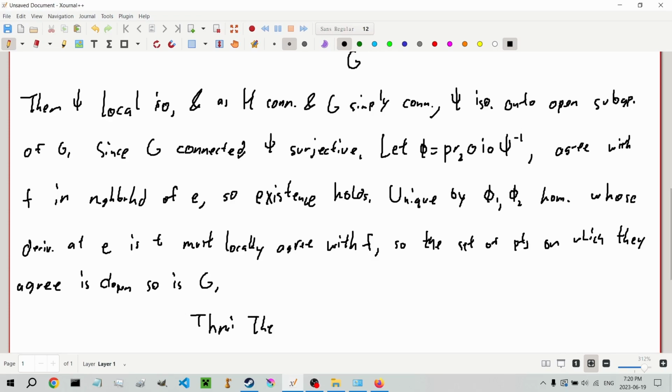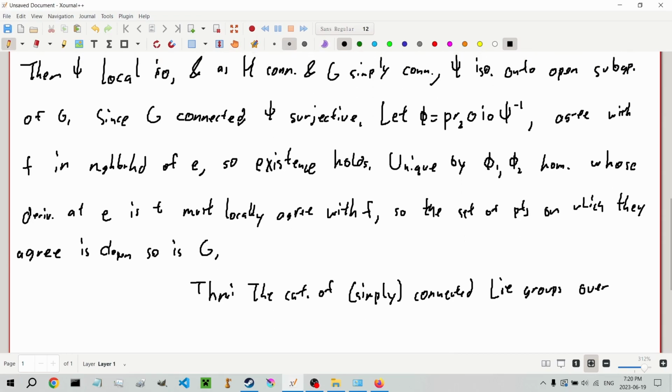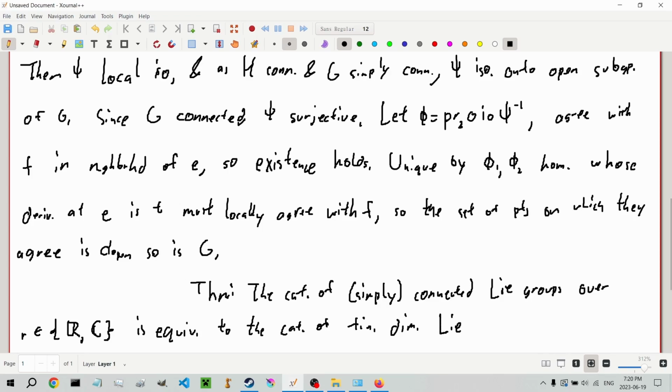This is that the category of both simply connected and connected Lie groups over either the reals or the complexes is equivalent to the category of finite dimensional Lie algebras.